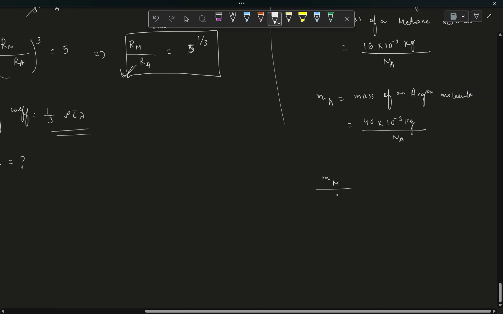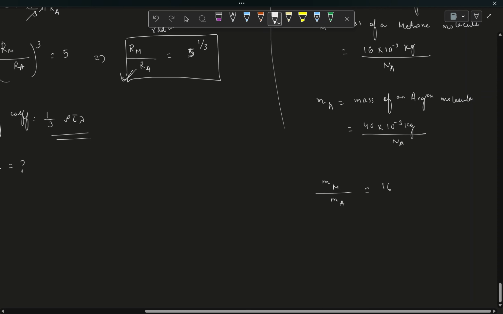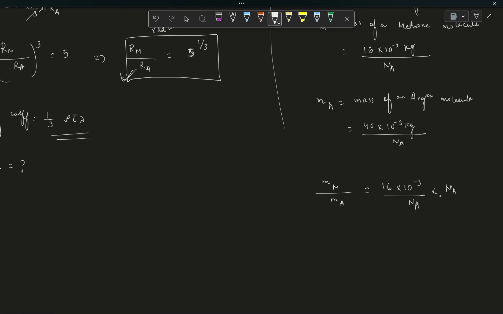Mm by Ma is equal to 16 into 10 to the power minus 3 by Na, into Na by 40 into 10 to the power minus 3. So this and this cancel out, and you are only left with 2 by 5 as the ratio.